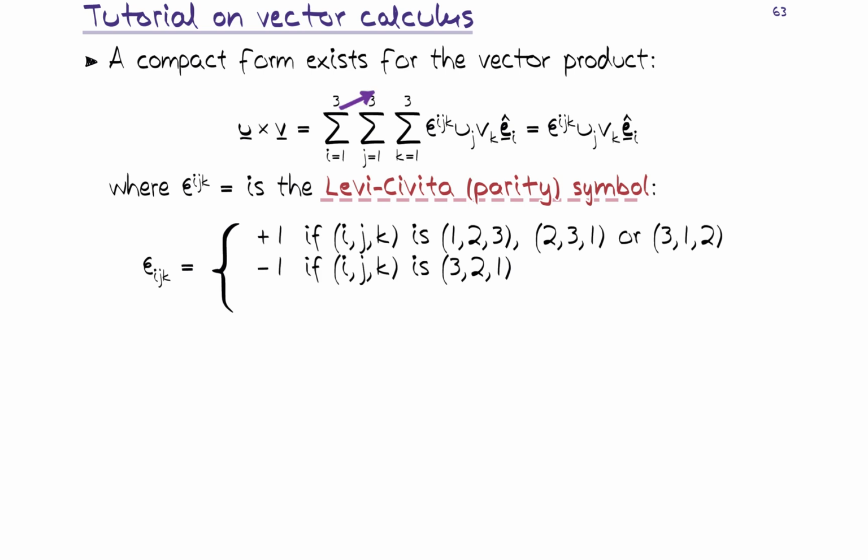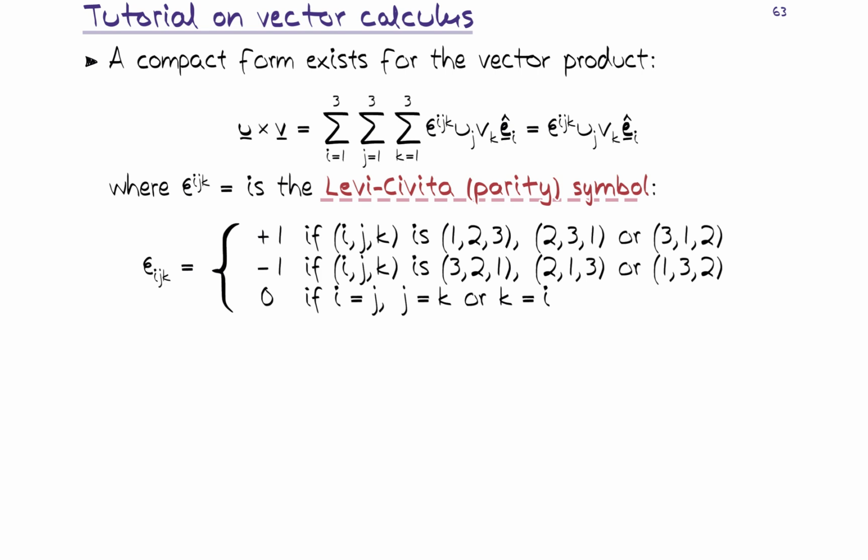So if I'm flipping the indices, so I'm just having 3, 2, 1, or 2, 1, 3, or 1, 3, 2, then I'm having -1 as my Levi-Civita parity symbol. And in other cases, if any of those indices is equal to another one, then I'm having a 0. So this is what I have here.